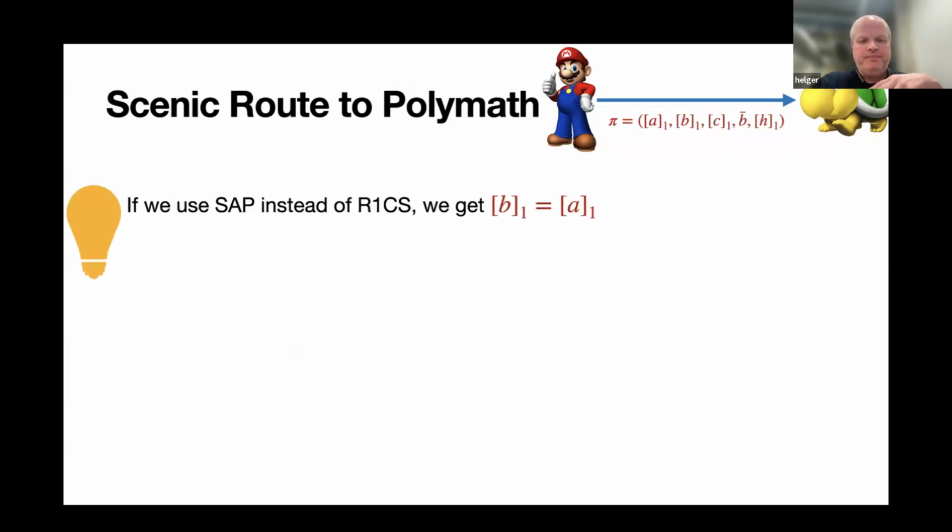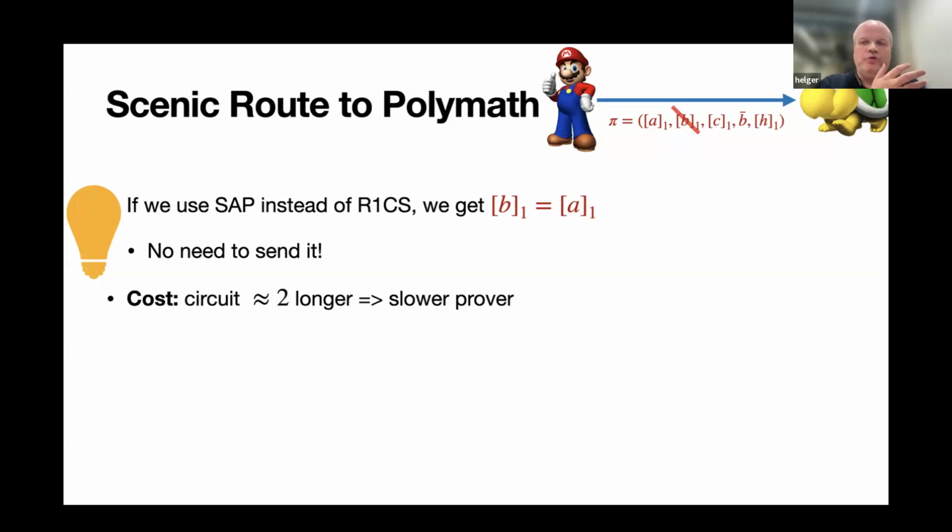So the next step is that you can use the already mentioned arithmetization SAP instead of R1CS. This is a very symmetric arithmetization, and in this case, p1 is equal to a1. So this means that you don't have to transfer p1.